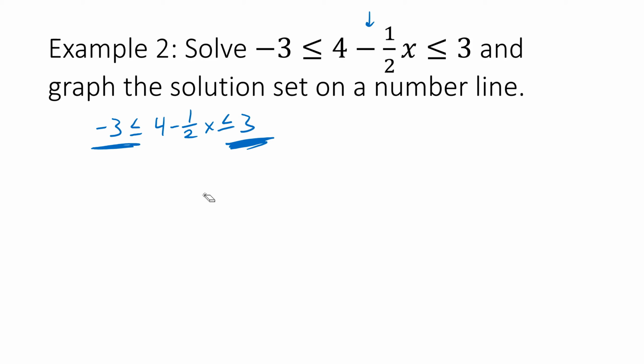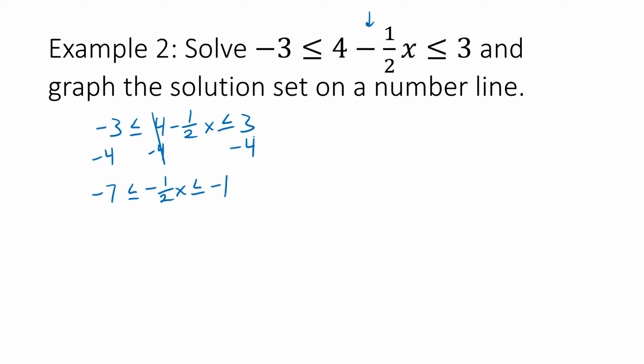In this case, you should be thinking, hey, I need to subtract 4, then I'm going to have to get rid of the negative 1/2. Subtracting 4 cancels it from here, but remember I need to do it to all 3 sides. So on the far left, I have negative 7. Less than or equal to, I'm left with negative 1/2 x, less than or equal to negative 1.